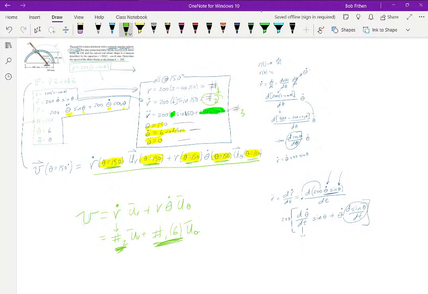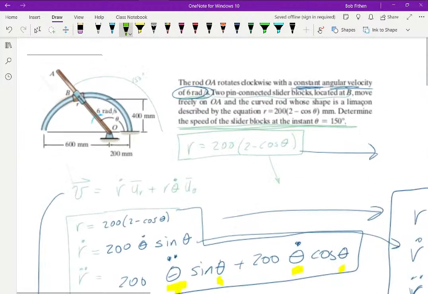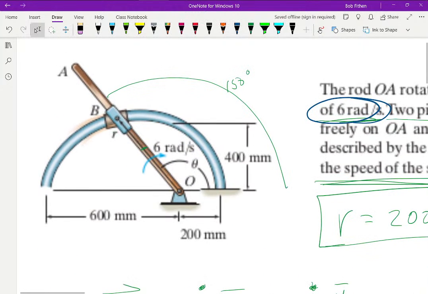Technically, if you look at this, I'm going to assume that this drawing is geometrically correct for the moment. And what I will do is recognize at this particular point, this is the u r vector.